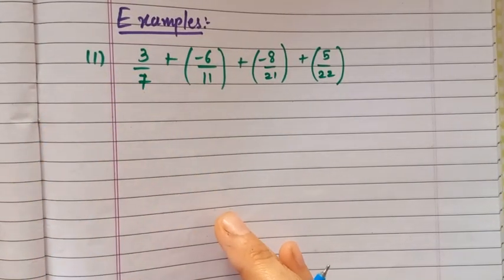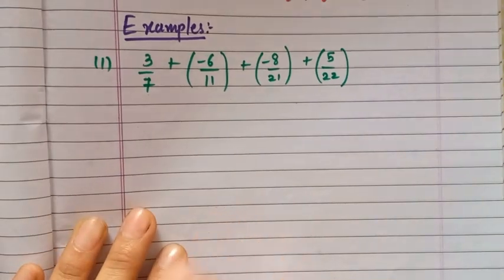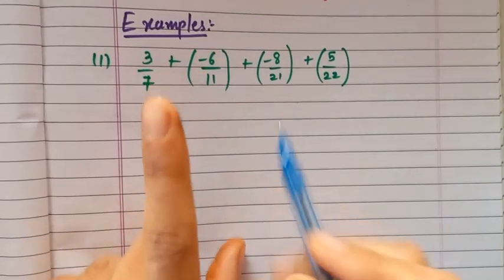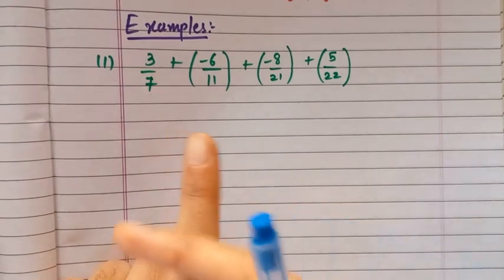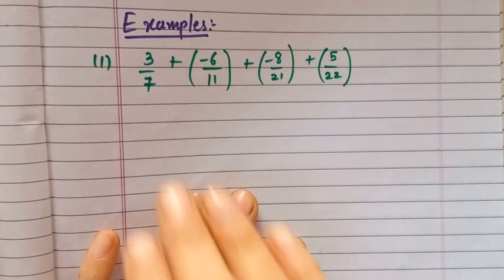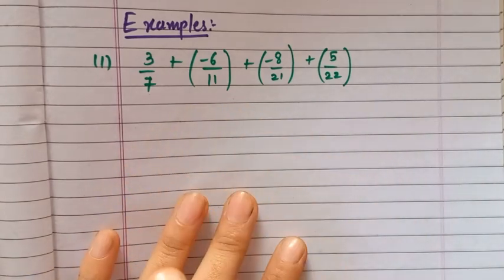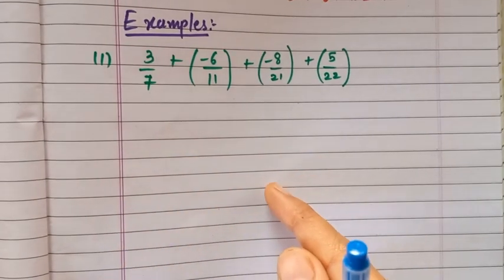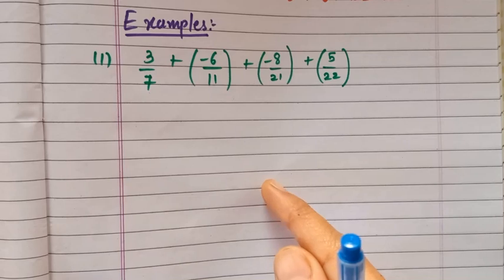First thing is that if we multiply one positive number and one negative number, then our answer of multiplication is always negative. One positive, one negative, and if we multiply them, then we will have a negative answer.